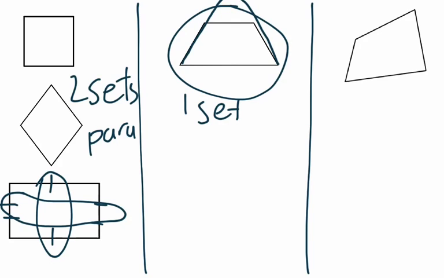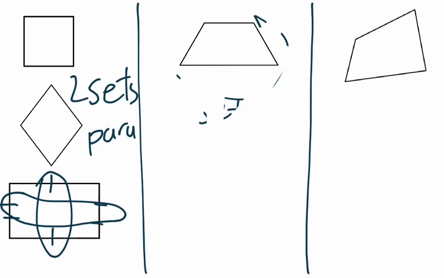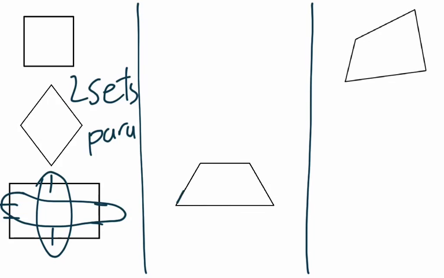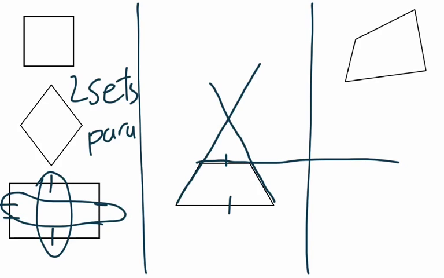And I'll even move that down for you so you can see that a little bit better. So, as you can see, if I extend these out and extend this one out, they cross, they intersect. But if I look at these sets of parallel lines, they will never intersect because they are parallel. So it only has 1 set of parallel lines.